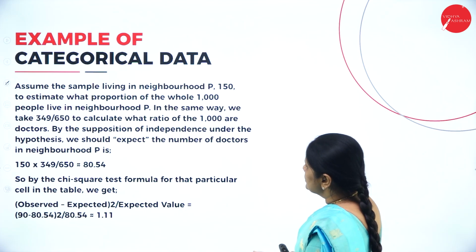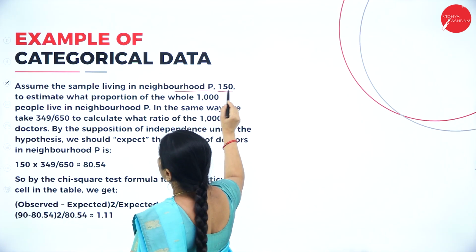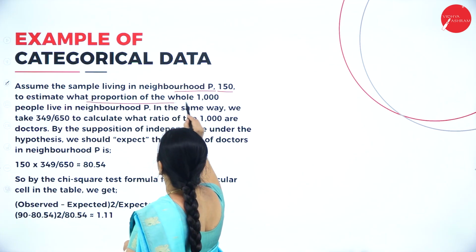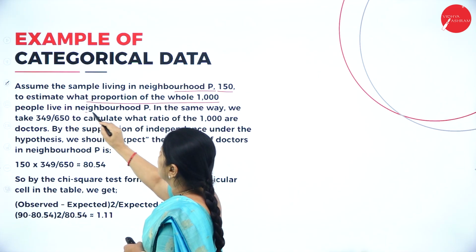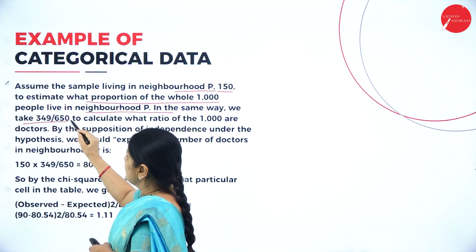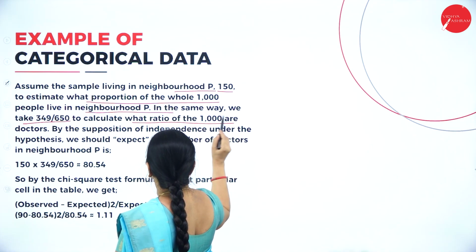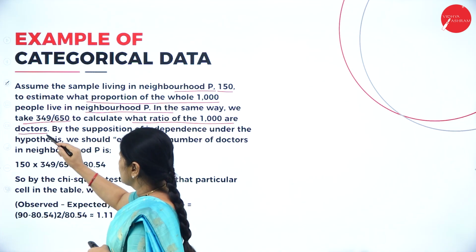Now, assume the sample living in neighborhood P, that is 150, to estimate what proportion of the whole 1000 people live in the neighborhood P. In the same way, we take 349 out of 650 to calculate what ratio of the 1000 are doctors.